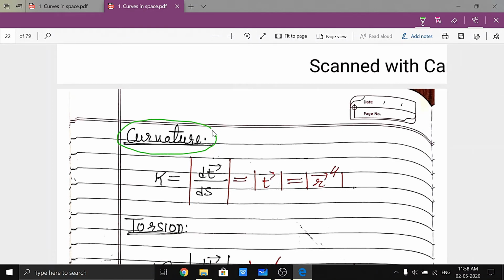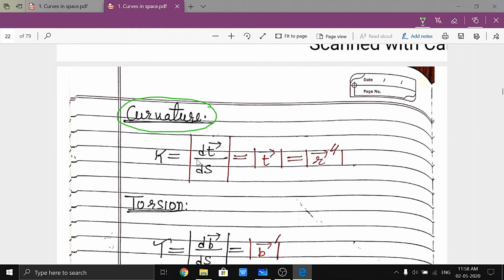Now T is a vector. Differentiating this vector with respect to s gives again a vector, and its magnitude is a scalar quantity.